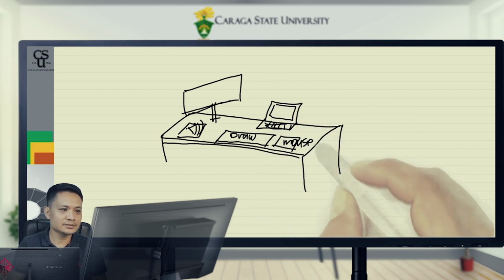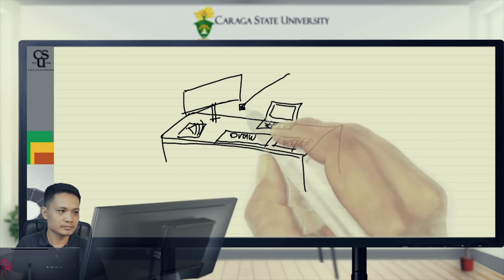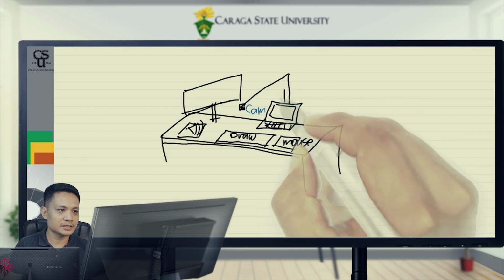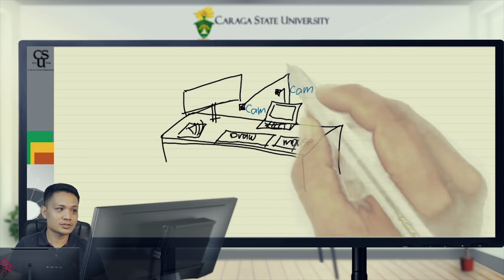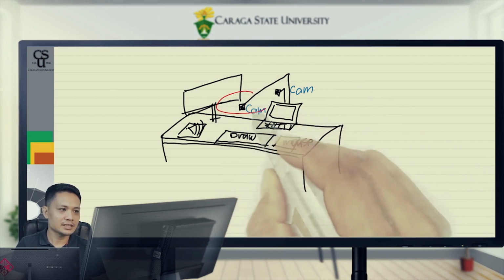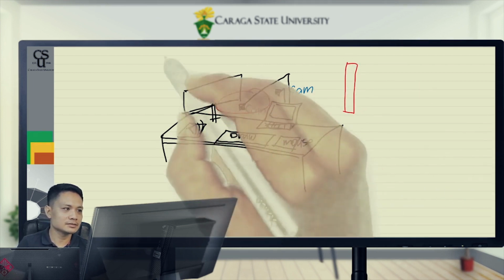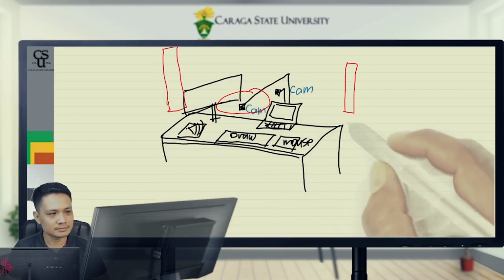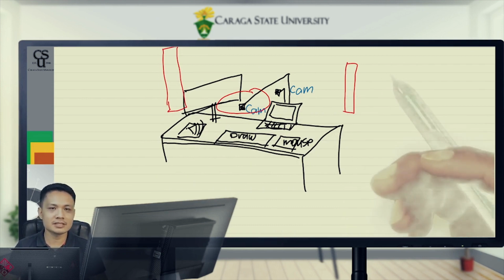And I have my overhead cam. Then here I have my front cam. Then my light sources. A ring light. I have here a rectangular light. I also have here a rectangular light. So that's basically it. That's my setup.